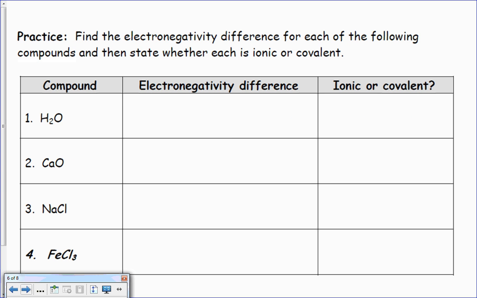So let's do a little bit of practice, and I'll walk you through a few, and then I'll leave the rest for you to do. Let's do CaO. A handy dandy reference table. I look up calcium, and I see calcium has an electronegativity of 1.0.